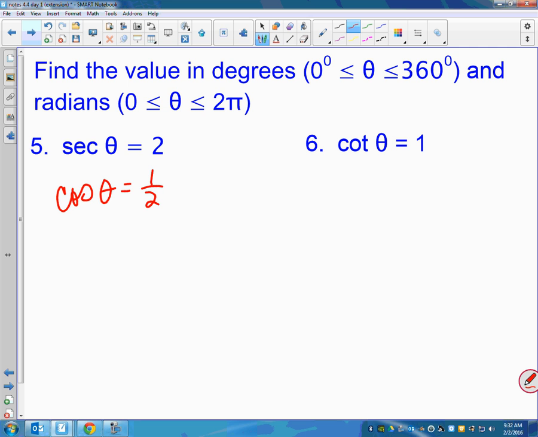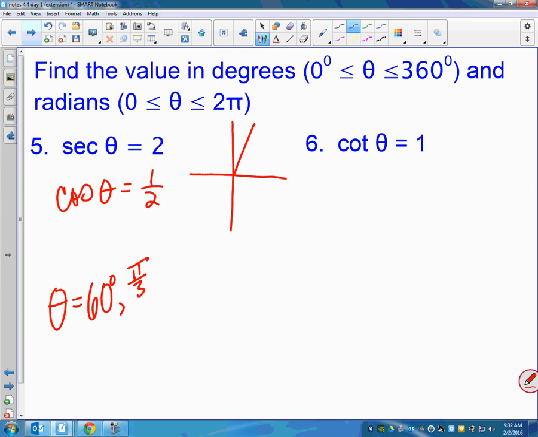And then this is where you have to know your unit circle, or you have to know your triangles, and you have to be able to tell me, where does cosine equal 1/2? What do you got? 60 degrees, so we can say theta equals 60 degrees, or in radians, that would be pi thirds.